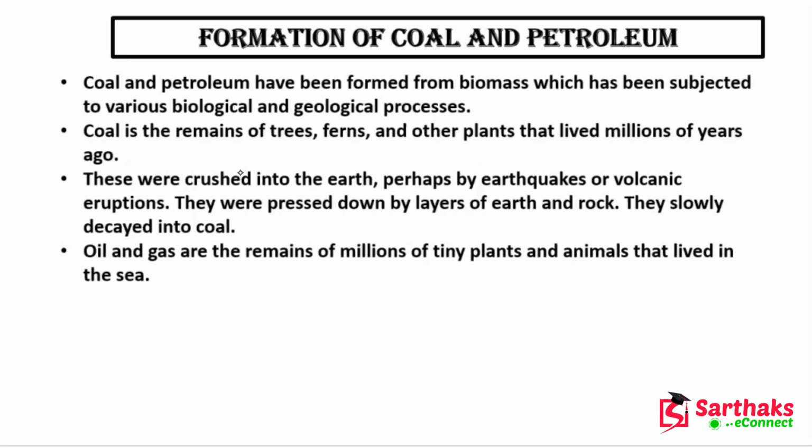These are the remains of trees, ferns and some other plants. These remains were crushed into the earth, maybe because of earthquakes or volcanic eruptions. Then they were pressed down by layers of earth and rock, slowly decayed, and converted into coal.